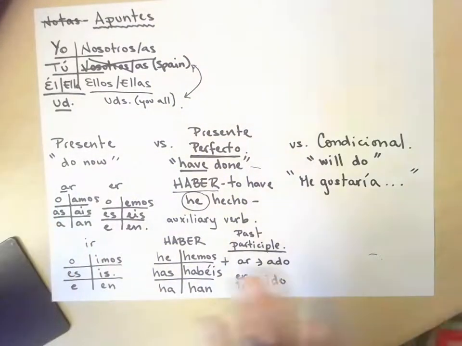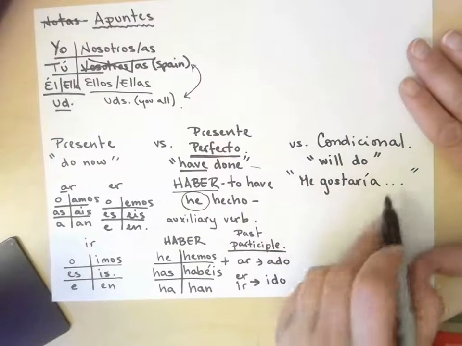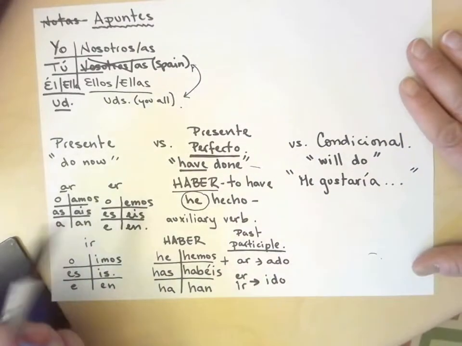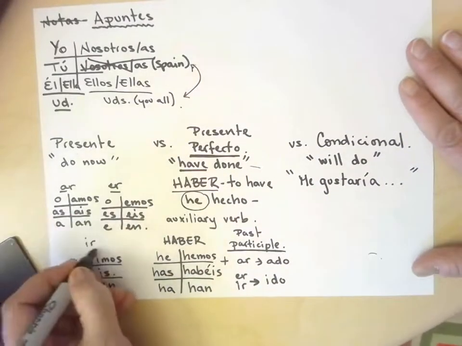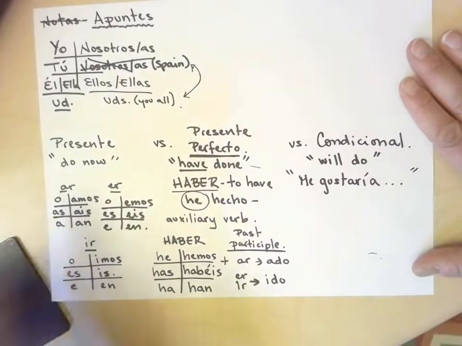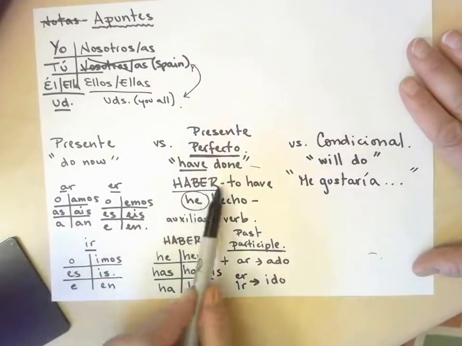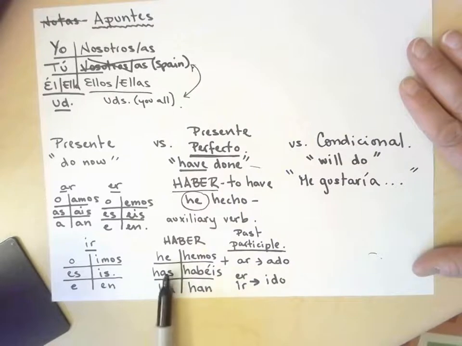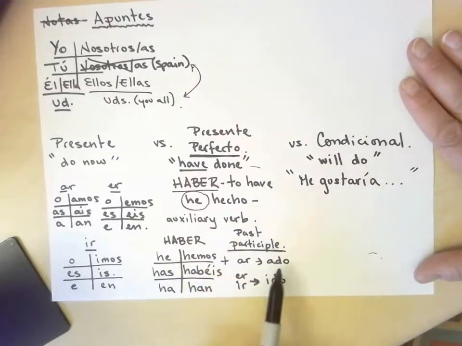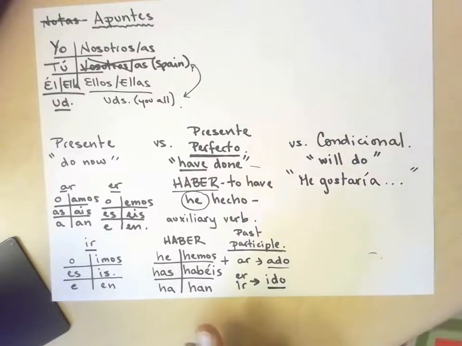Muy bien. So the good thing is, as opposed to these where you got to drop the AR or the ER, IR part, for example, present tense, or here where you got to take the verb haber and conjugate it, and then change the AR to ado or ido, condicional is stupid easy, okay?